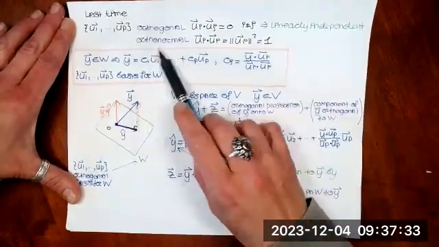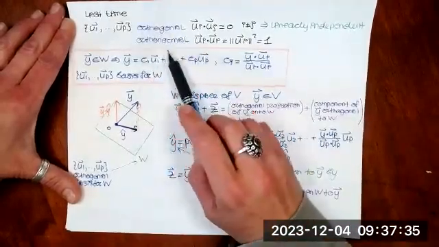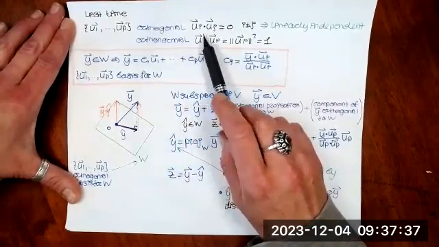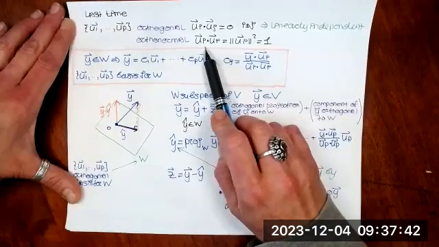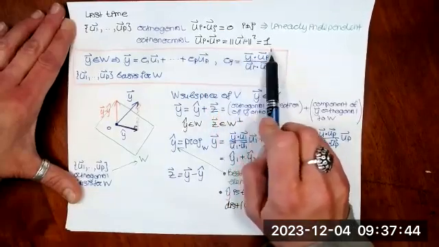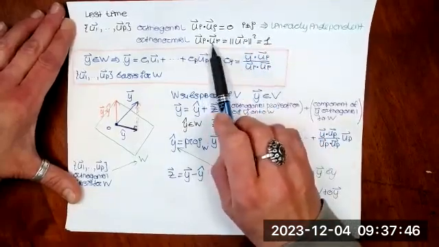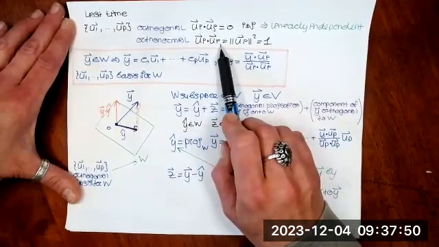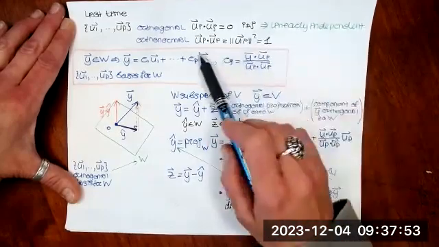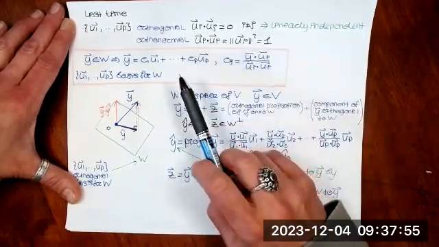And then orthonormal bases are also orthogonal bases, but they have an extra condition that not only are my vectors orthogonal to one another, but they're all unit vectors. So the length of the vectors equals 1, or their dot products with themselves equal 1. Because remember, those dot products are always positive, so if the square equals 1, then it equals 1.